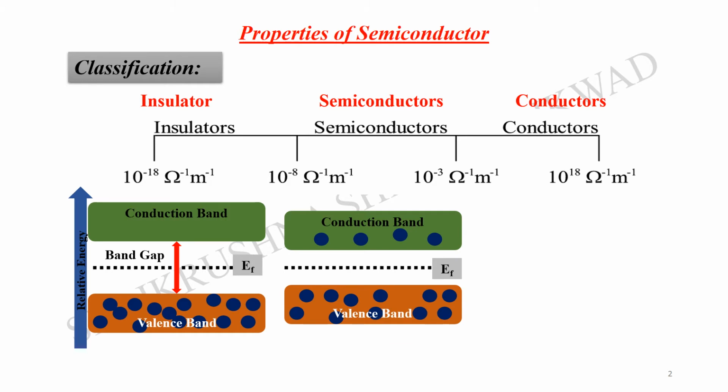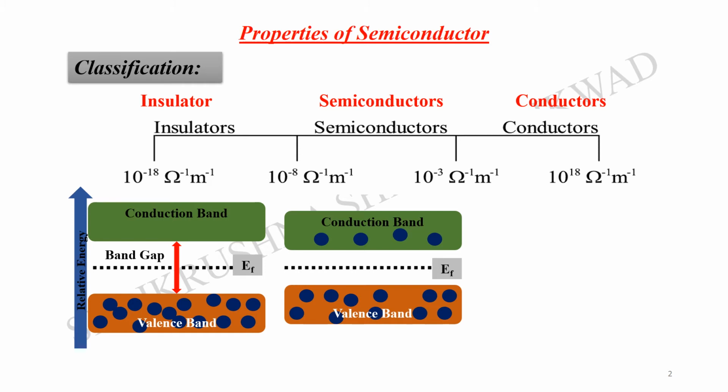Then you must be thinking about why a few electrons are excited into the conduction band, or why they are present there. That is because of the thermal energy, the thermal agitation at room temperature, right? A few electrons from below in the valence band get excited towards the conduction band, and these electrons are available for the current conduction.